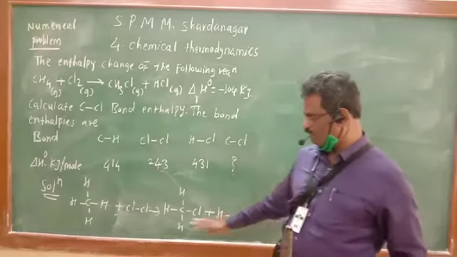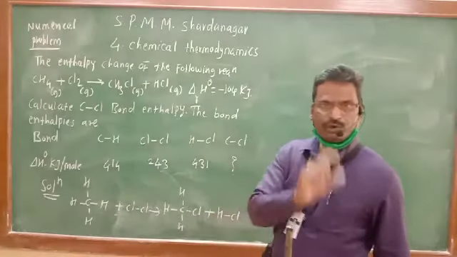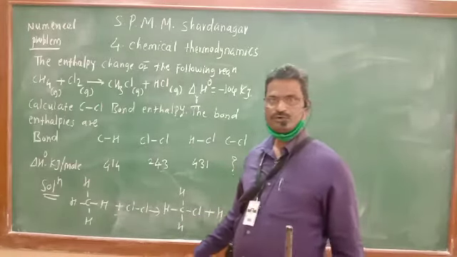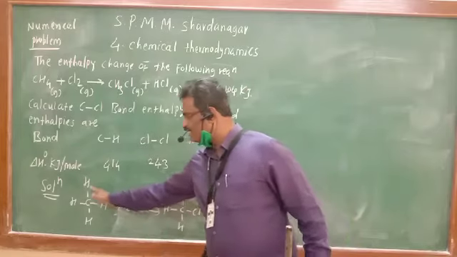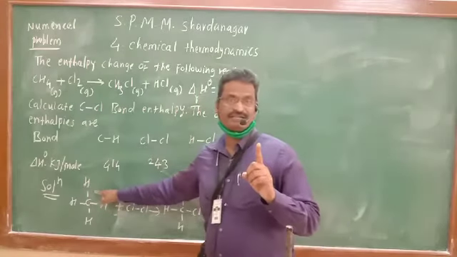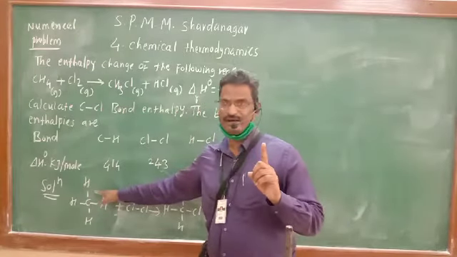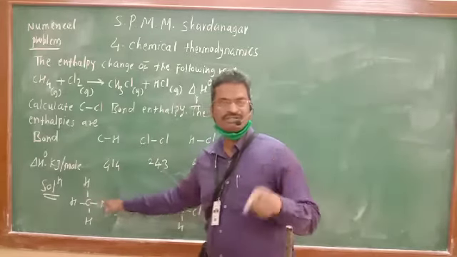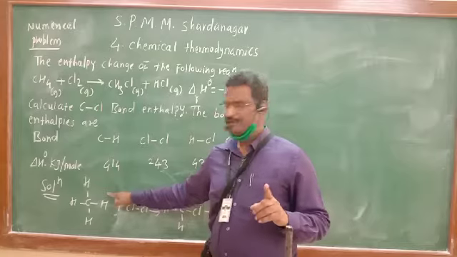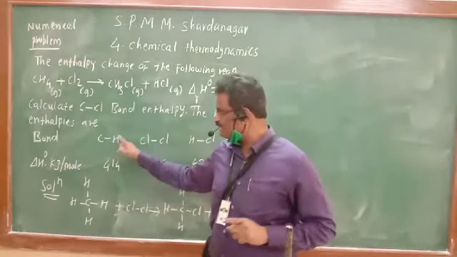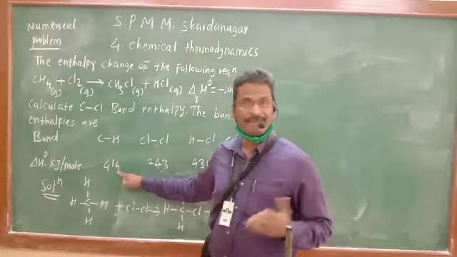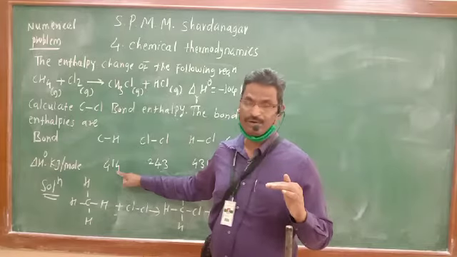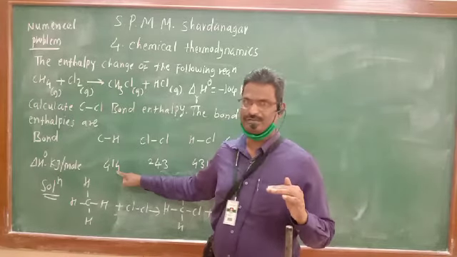So see over here. From this reaction, what will we come to know? We will come to know that there is a breaking of 4 CH bonds. There is a breaking of how many CH bonds? 1, 2, 3, 4. 4 CH bonds are broken. In order to break 1 CH bond, how much energy is absorbed? 414 kilojoule energy is absorbed.